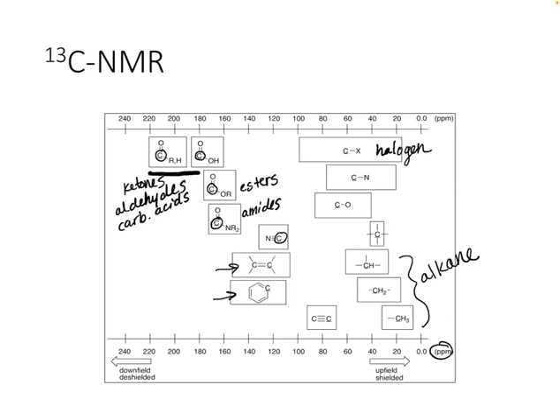But you'll notice that primary carbons show up more upfield from secondary carbons, which are more upfield from tertiary carbons. So I will also give you this chart on an exam so that you can use it to try to figure out where peaks will show up on a carbon-13 NMR spectrum. And then you can try to kind of figure out what functional groups you have in your structure.